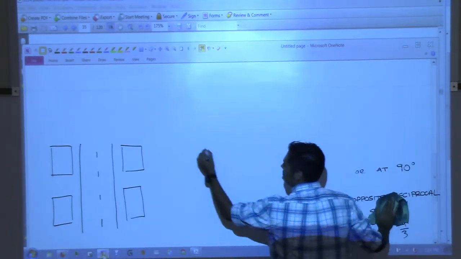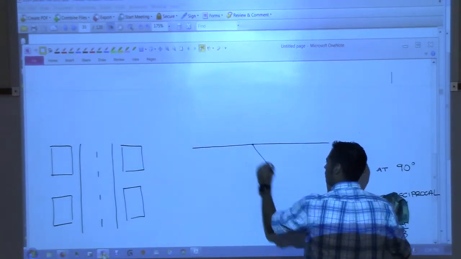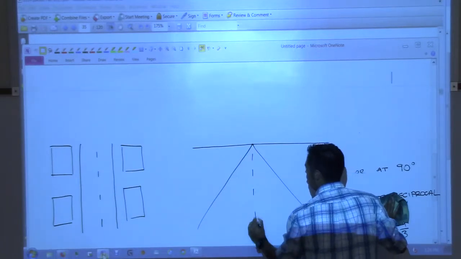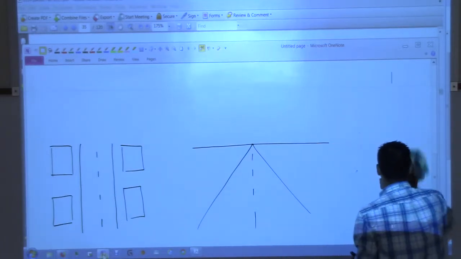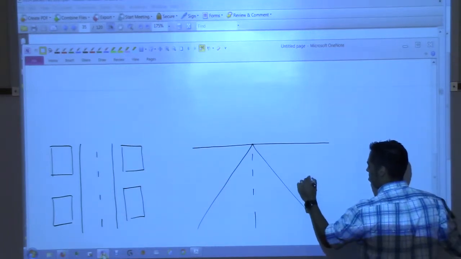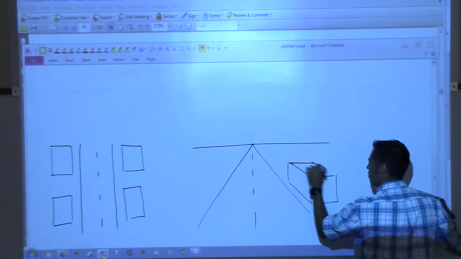And if you've taken any drawing classes or art classes, you'll be familiar with this. What I'm going to do is draw that same thing. Okay, so there's the street, and then here are my buildings.